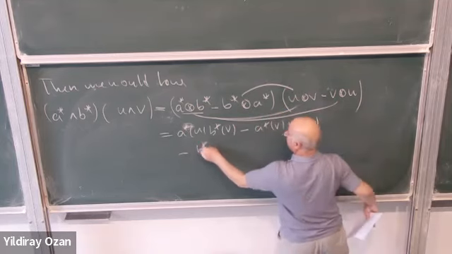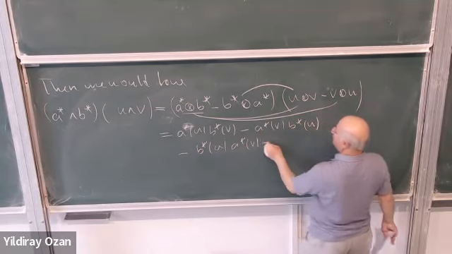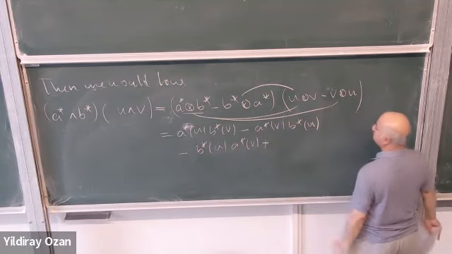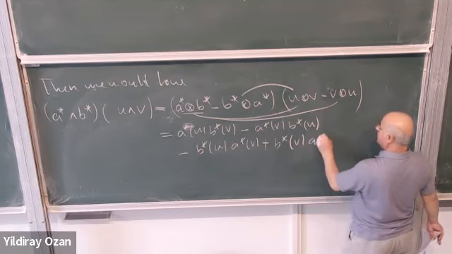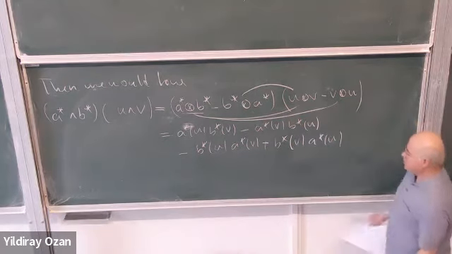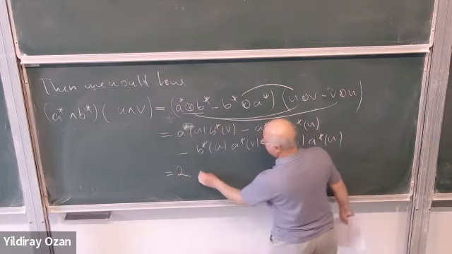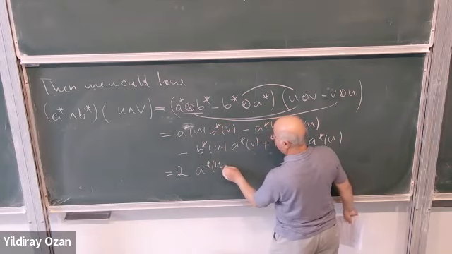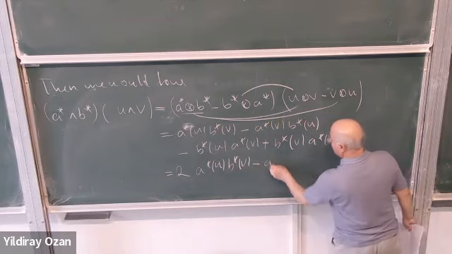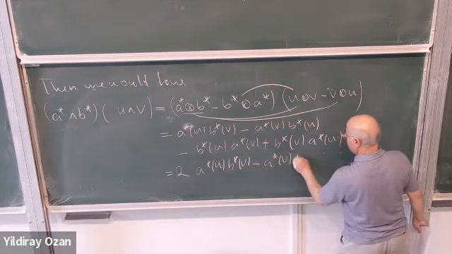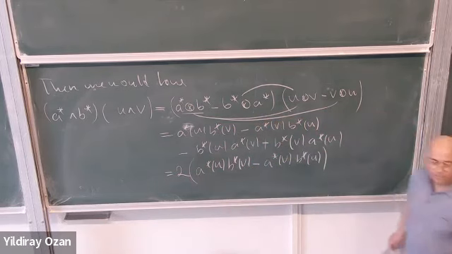It will give me B star U, A star B, minus plus B star B, A star U. So you get the same thing but twice. So this is just 2 times A star U, B star B, minus A star B, B star U, right?